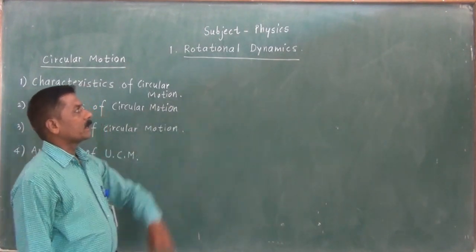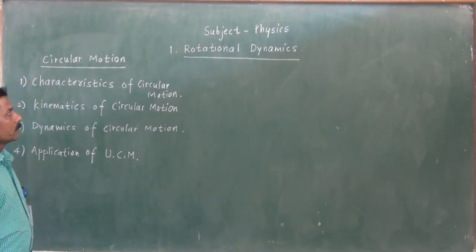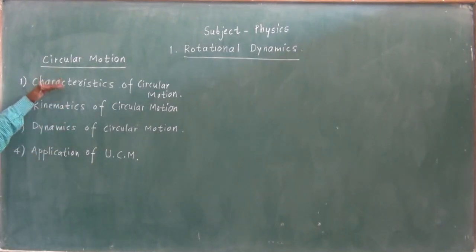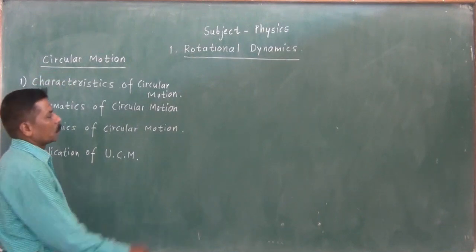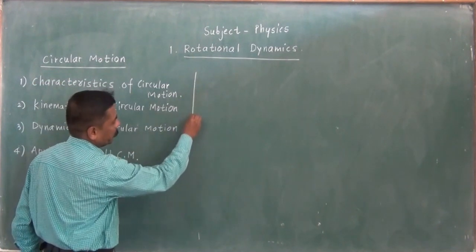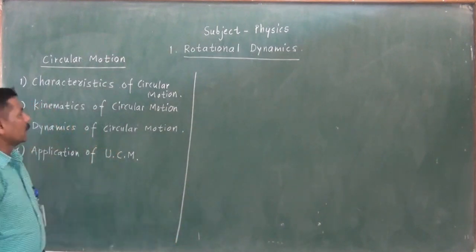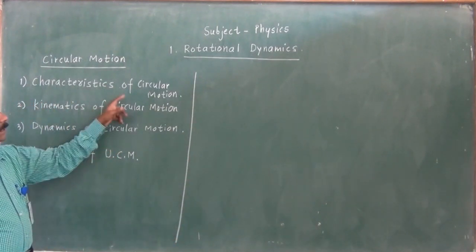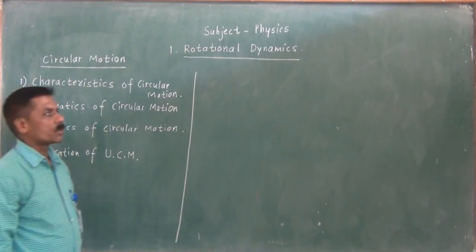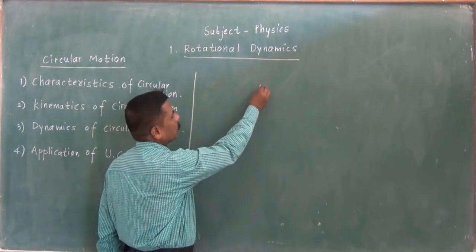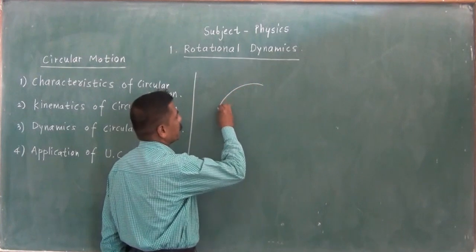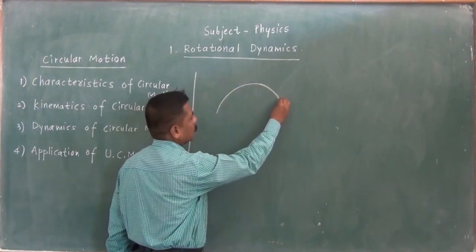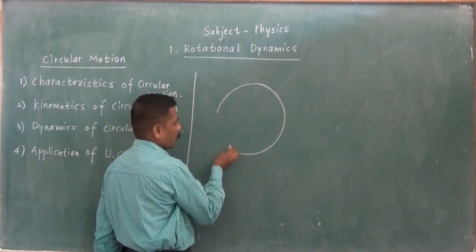So in this topic, we are now going to discuss these points related to circular motion. The first point given here is related to the characteristics of circular motion. Now we know the diagrammatic representation of circular motion.